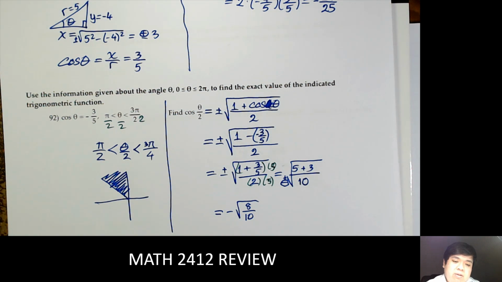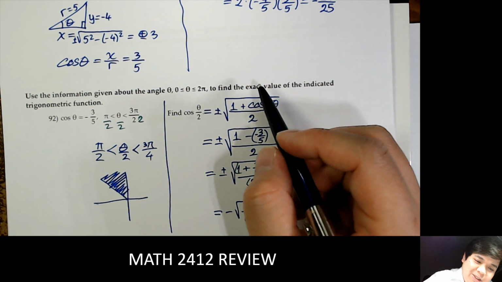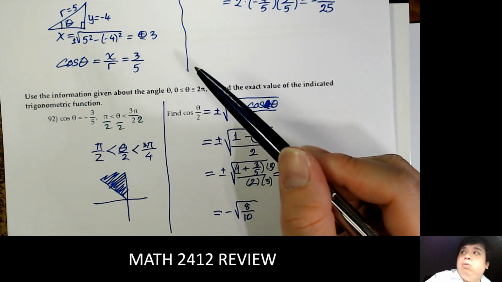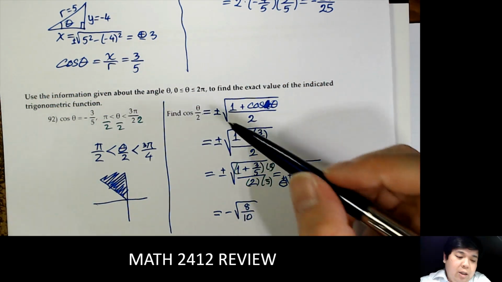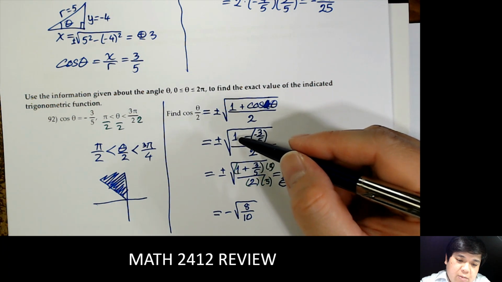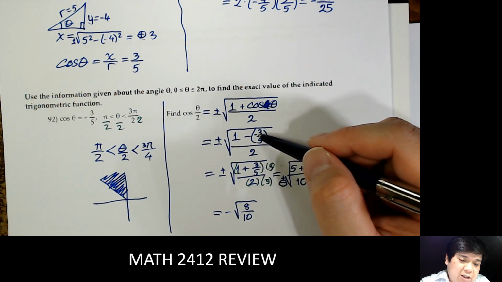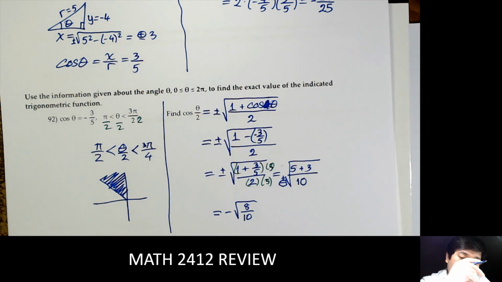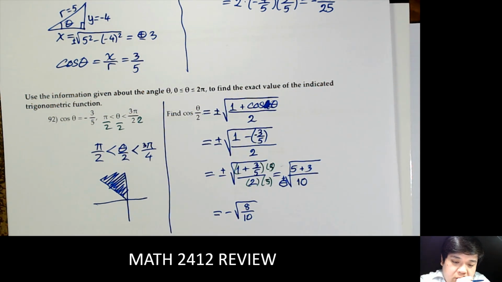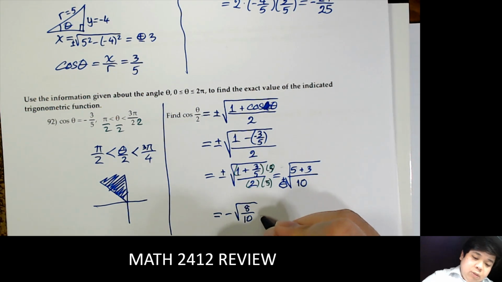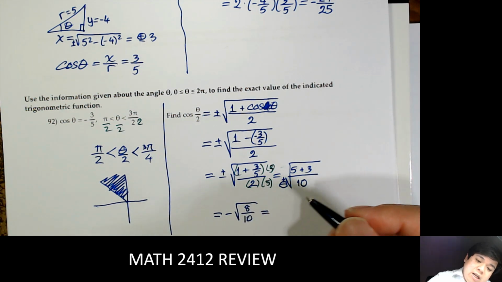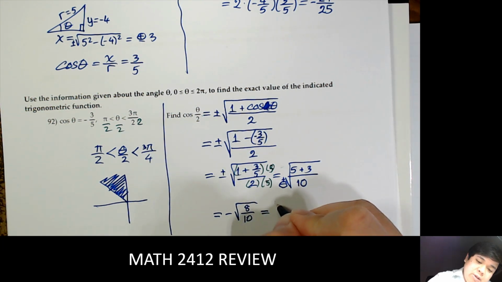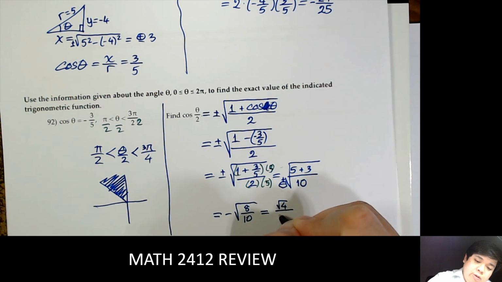Seems like there's something off. So I will put cosine in that 1 minus... Actually, that cancels 8 and 10. That will be square root of 4 over square root of 5.